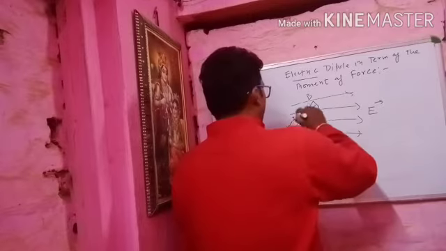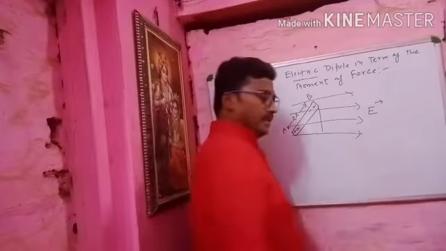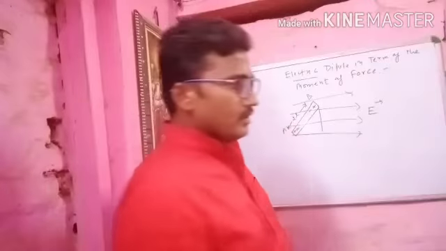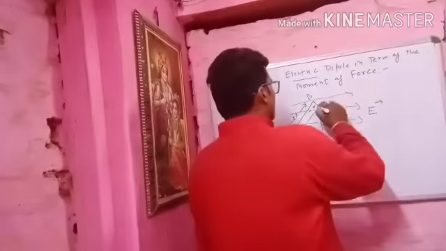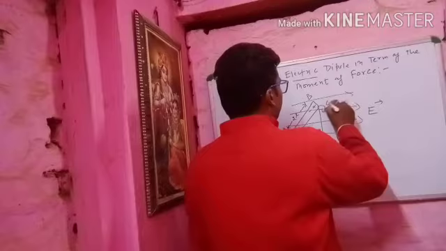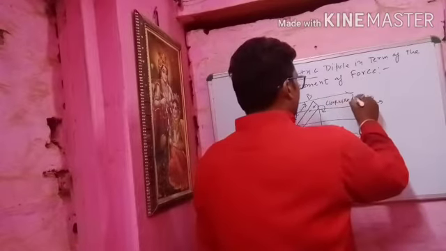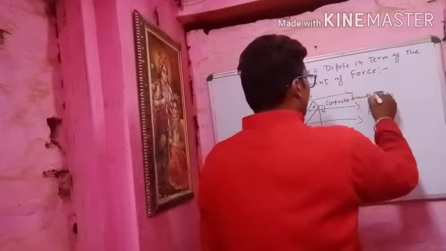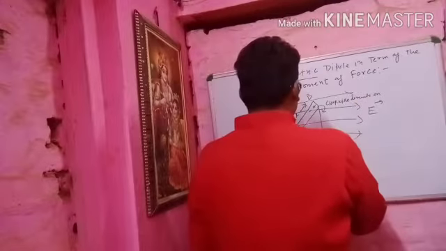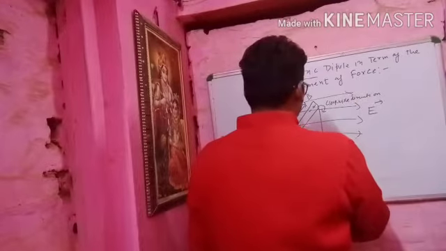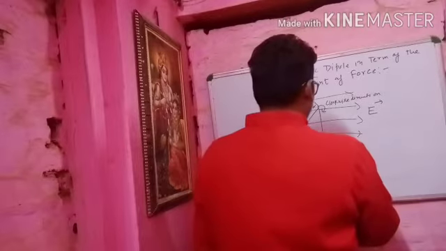The separation distance of the electric dipole, as we know, is 2L. Sometimes it moves in the clockwise direction and sometimes it moves in the anti-clockwise direction.